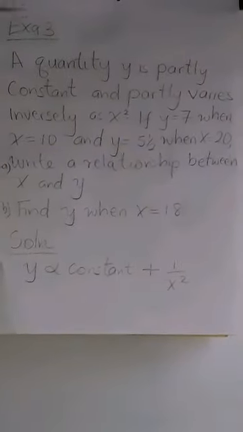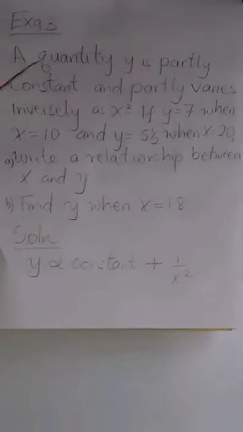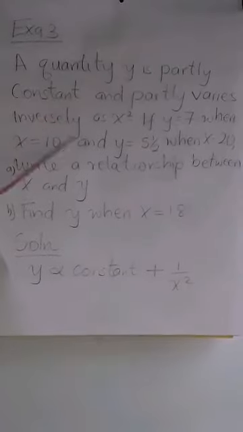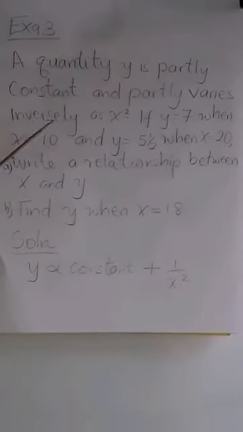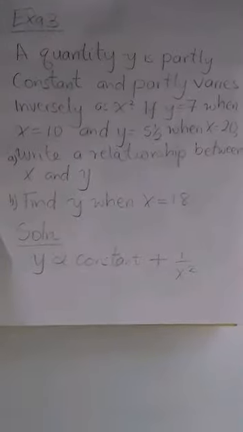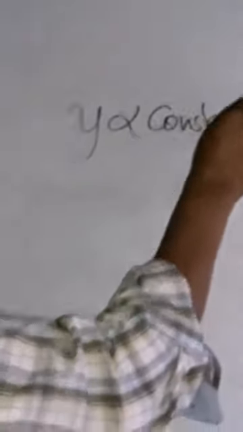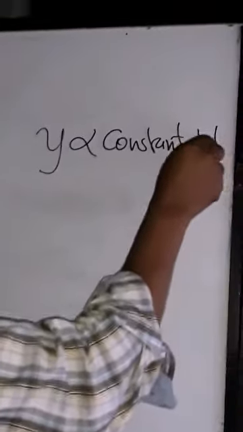Okay, we continue with example 3. A quantity y is partly constant and partly varies inversely as x squared. What does that mean? Here, say y is partly a constant and partly the inverse of x squared.